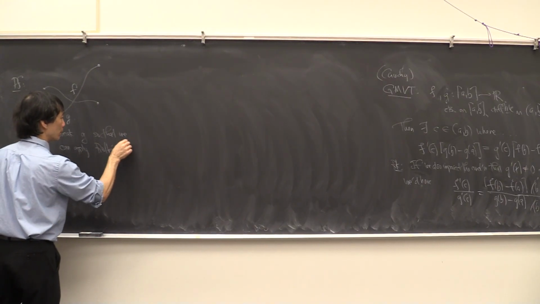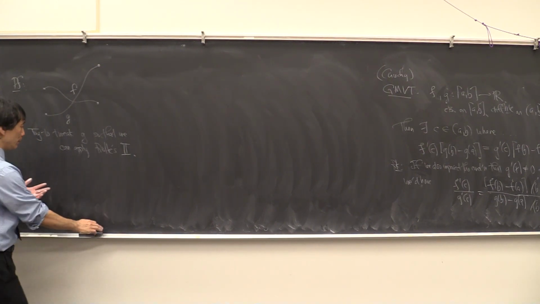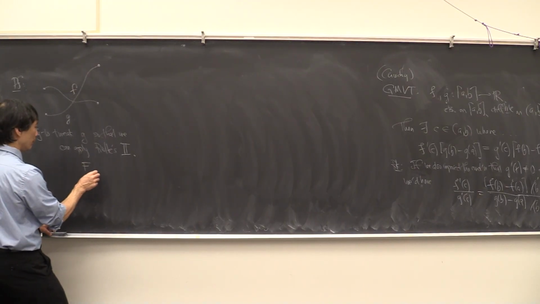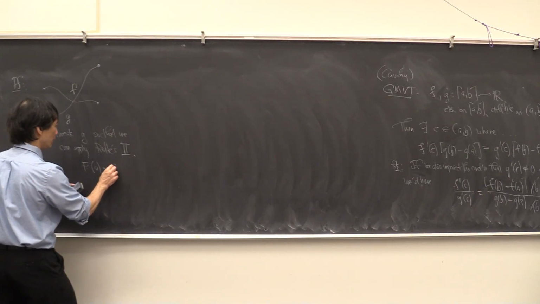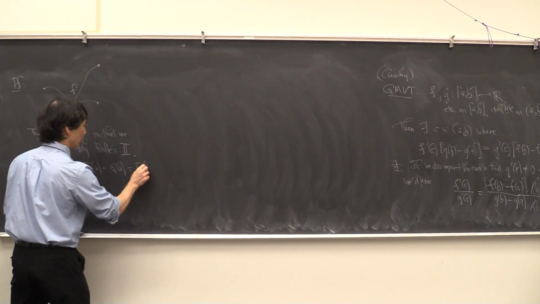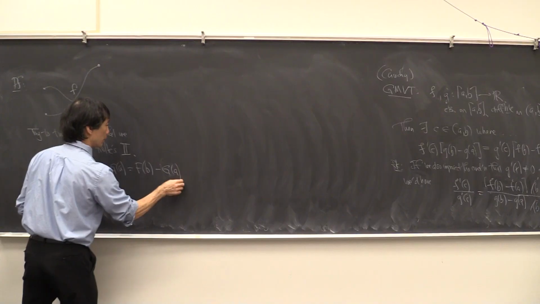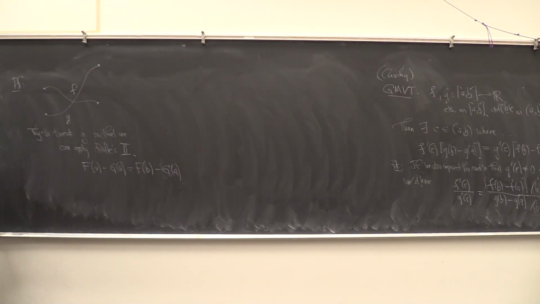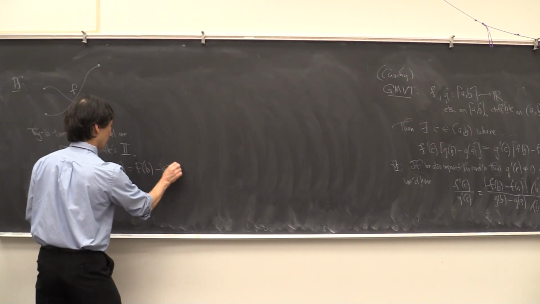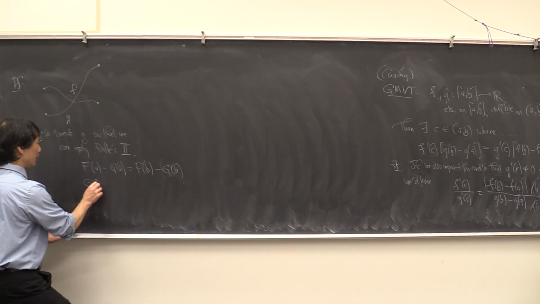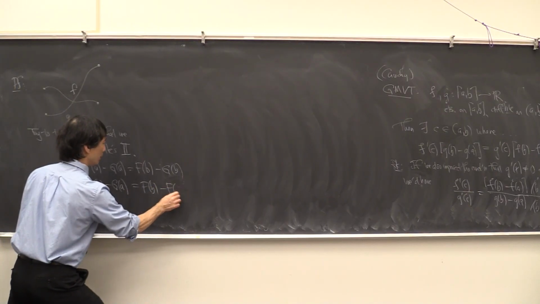What were the conditions of Rolle's number 2? Remember, the difference between the endpoints was the same. Something's wrong here, that should be b. Or equivalently, the change for each function was the same.